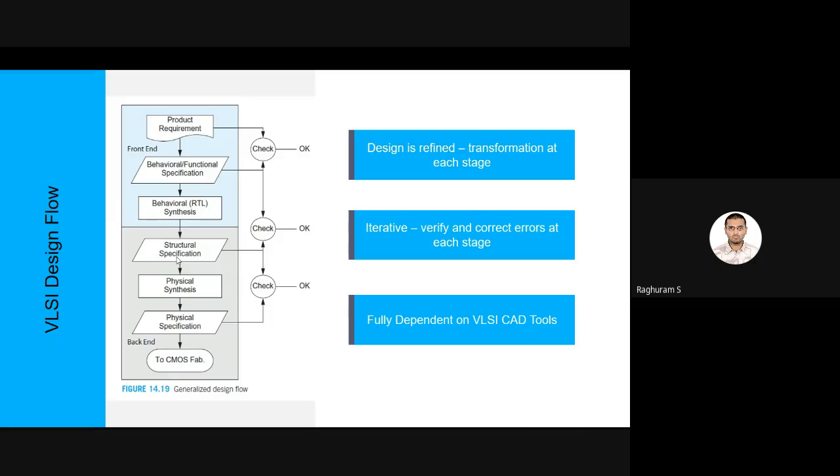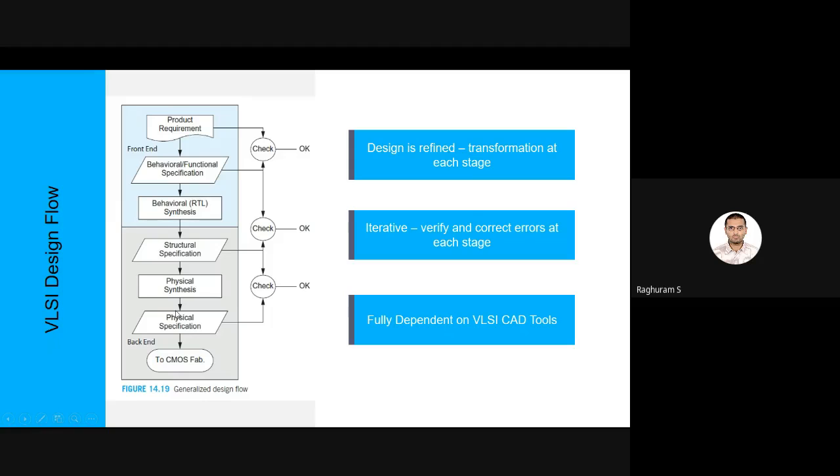Okay, backend VLSI design has to start with a structural description, meaning the description has to be in terms of gates. It cannot be in terms of anything else. So then there is a step called physical synthesis, which means we synthesize the actual circuit, and that also goes through another step called physical specification, which we'll see in more detail later.